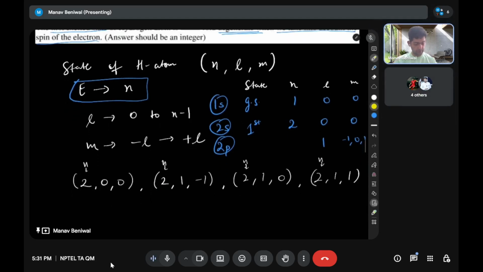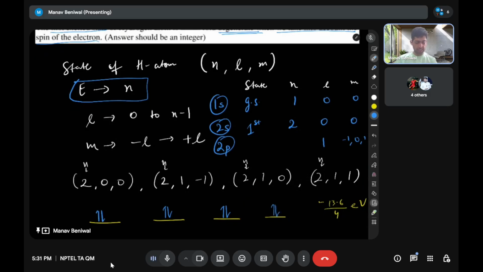If I draw these states like this, 1, 2, 3, 4, all of them have the same energy, minus 13.6 by 4 eV, whatever this value comes out to be, and we can fill these with 8 electrons, up down, up down, up down, and up down.